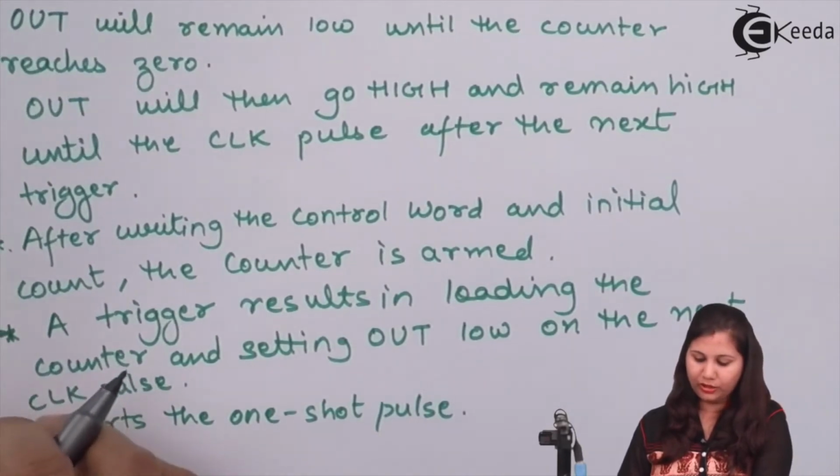Now, the initial count value of n, because in our example the initial count value was 4, will result in n clock cycles.